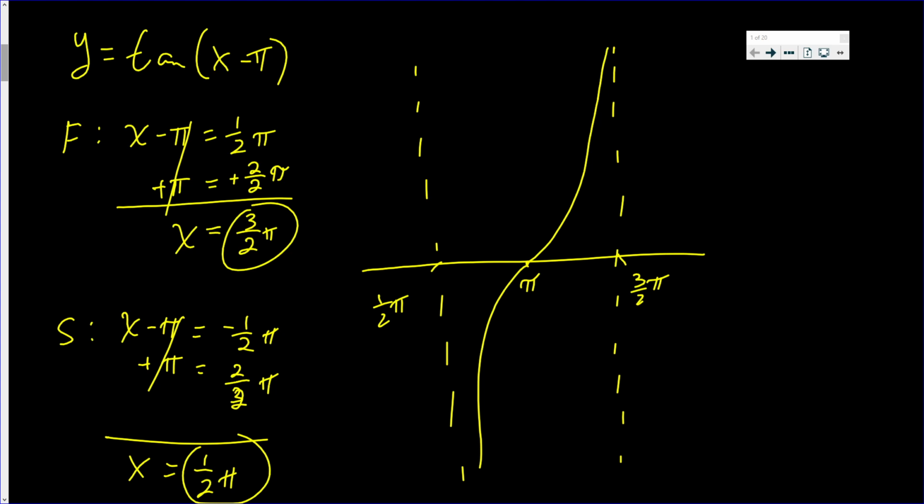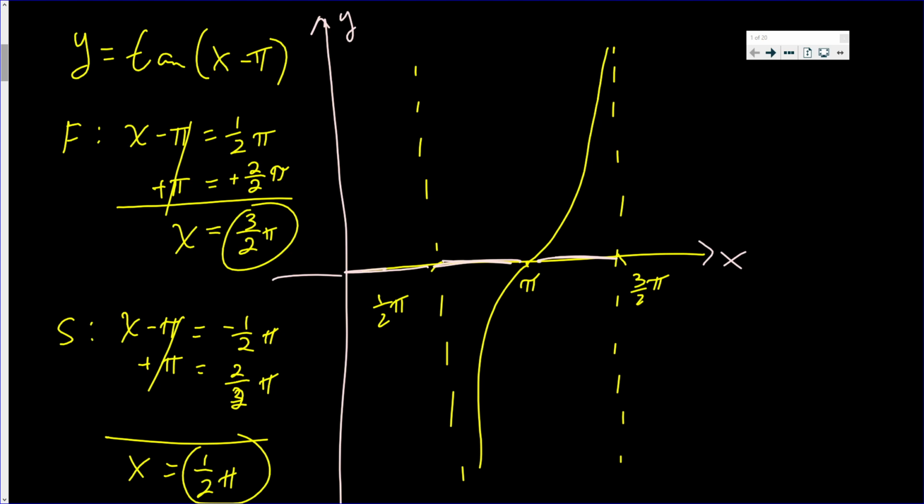Now, this distance is pi, that distance is pi. So you go to the left about the same amount, and you find the y-axis. And there is one period of this graph. It starts at negative pi over 2 and finishes at positive pi over 2.